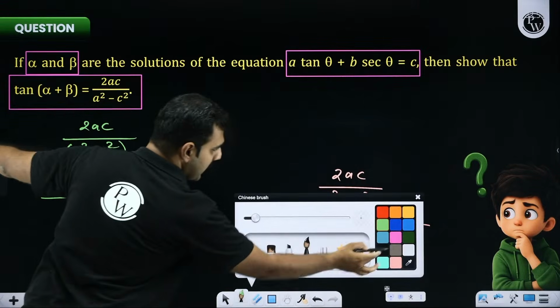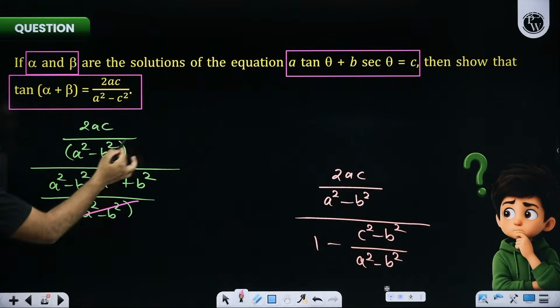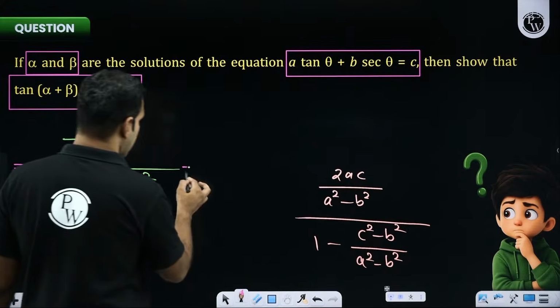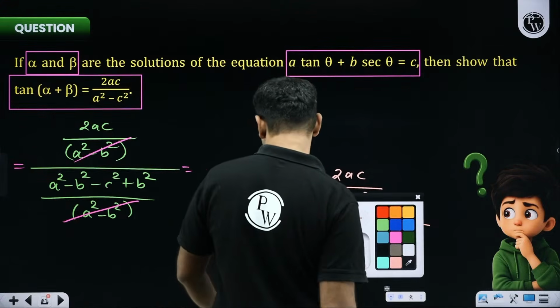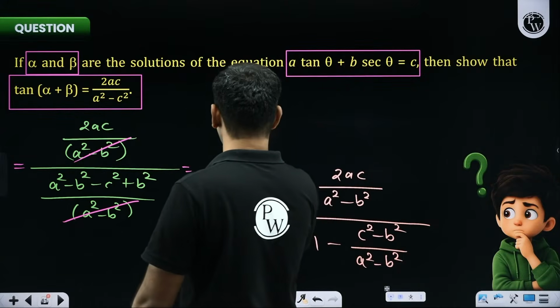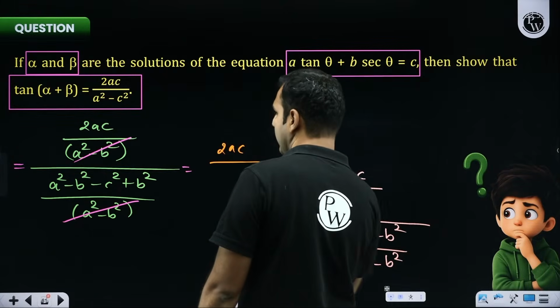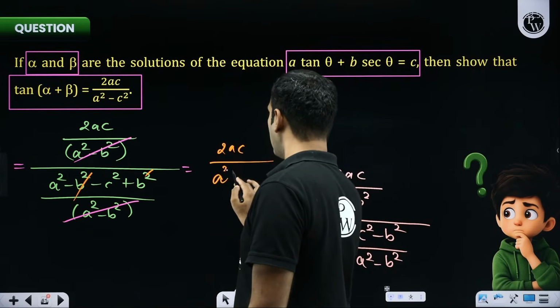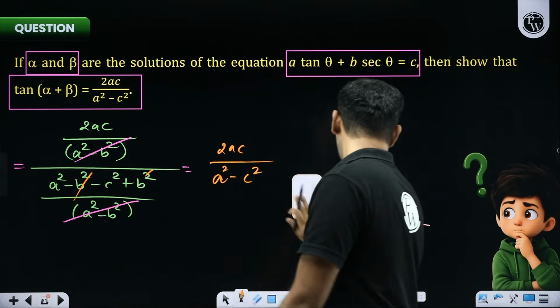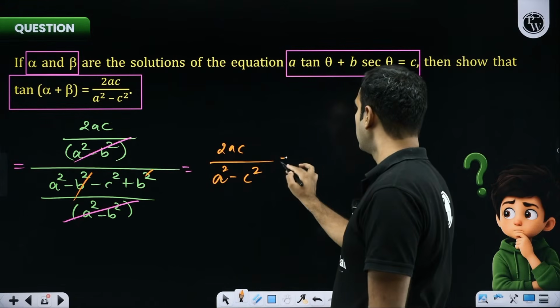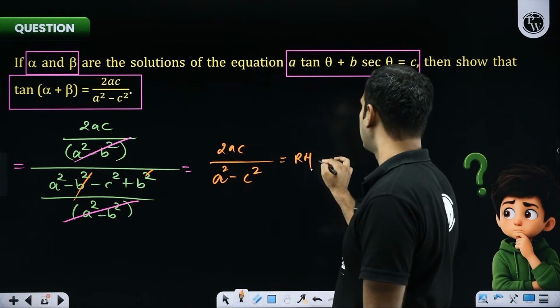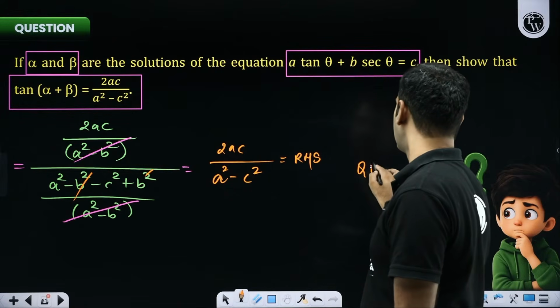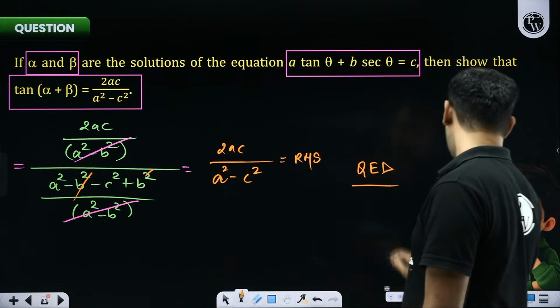So I hope you do realize that, sir, a square minus b square and a square minus b square are cancelled. So what am I now left with? I think I'm left with the final conclusion, which is 2ac in the numerator divided by a square minus c square, which is the RHS. So we started with LHS, it is RHS, hence proved.